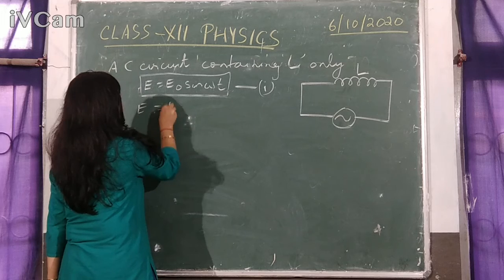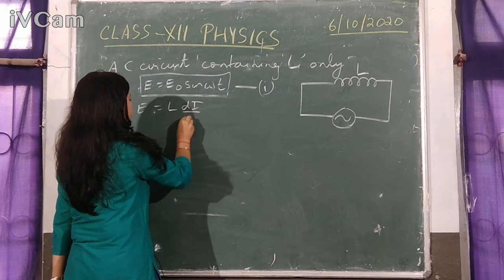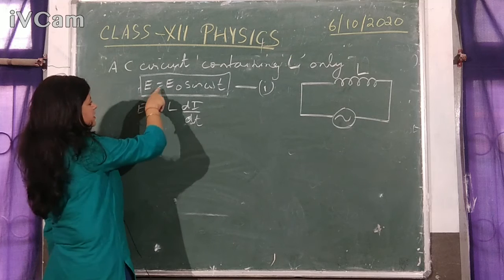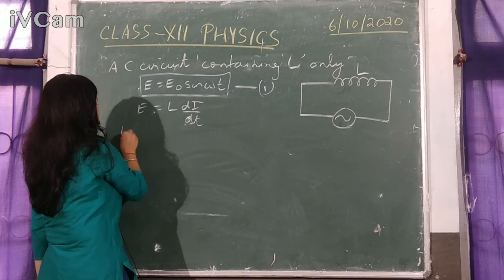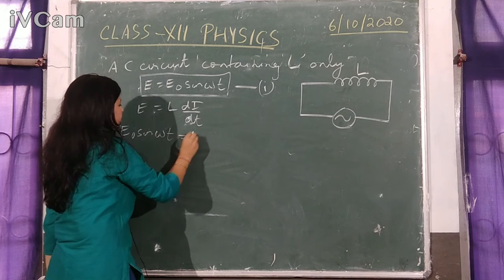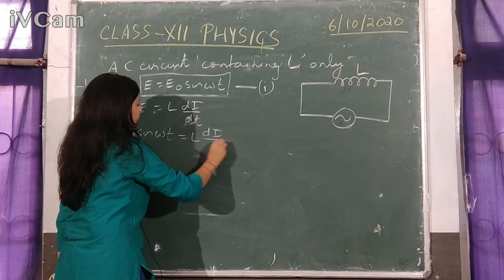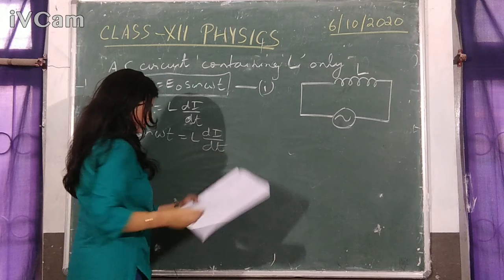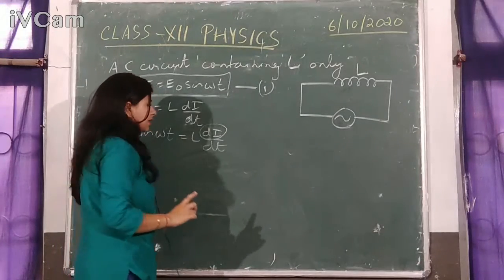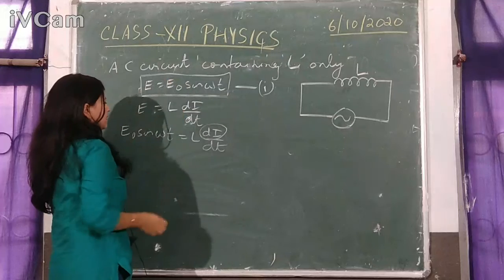E is equal to L di by dt. I can write in place of E, because it is an alternating source, it can be rewritten as E naught sine omega t is equal to L di by dt. Then I want an equation for I, because I want to compare the equation for the alternating current and this alternating EMF.